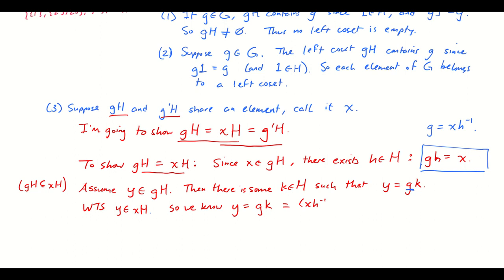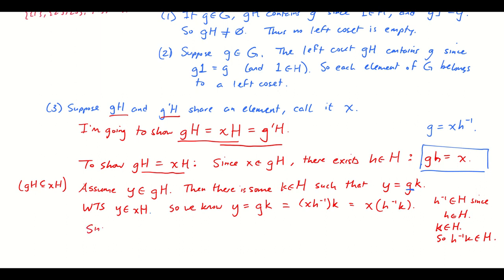So that's x h inverse times k, which is x times h inverse k. And I know that h inverse is in H, since h is in H. Sorry, I wish there were a better way of distinguishing lowercase h and uppercase H. So h inverse is in there, and k is in H by our assumption. So h inverse k also belongs to H, because H is a subgroup. It's got to be closed under the group operation.